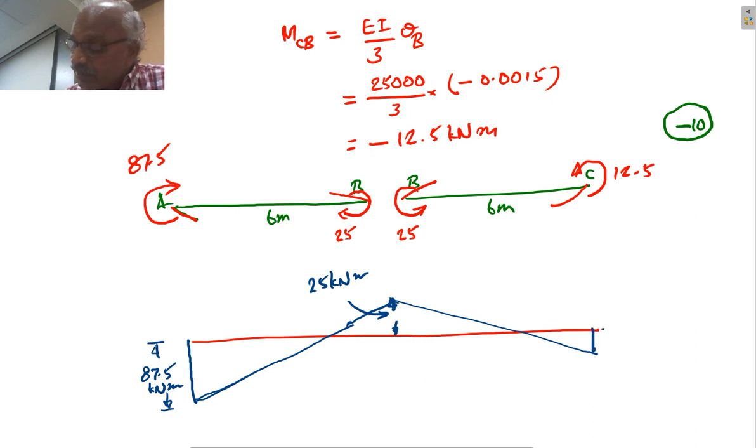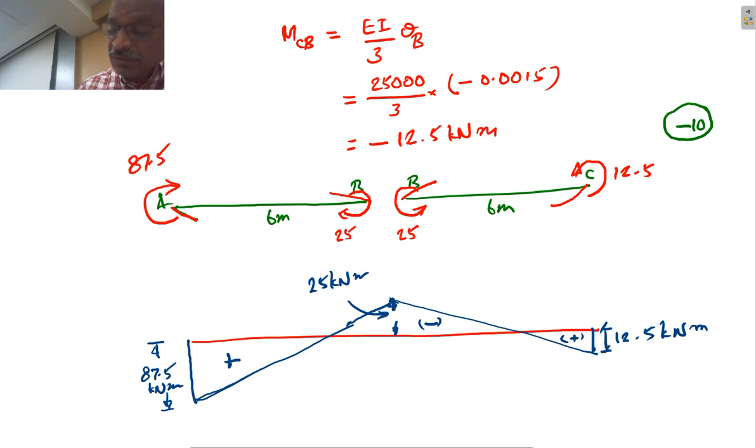So this value is 12.5 kilonewton meter. So this is plus sagging, this is minus hogging, again this is plus sagging.